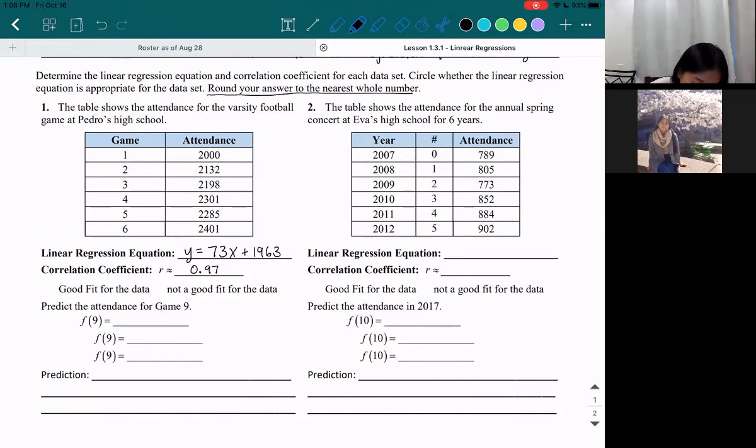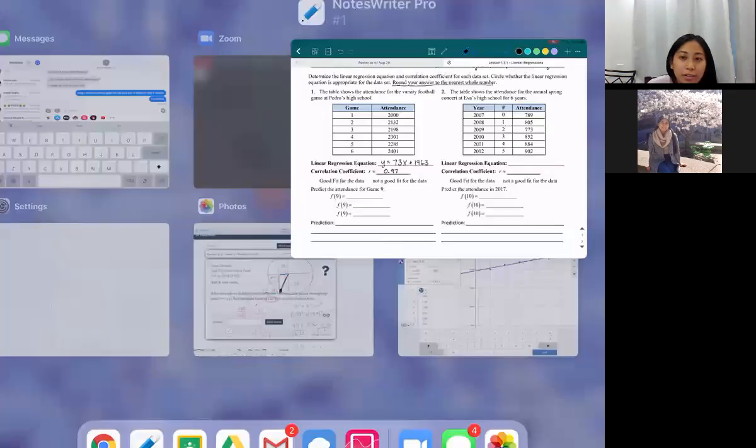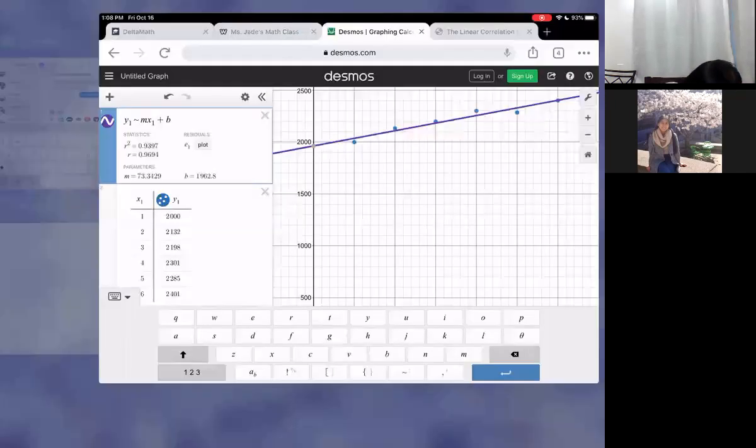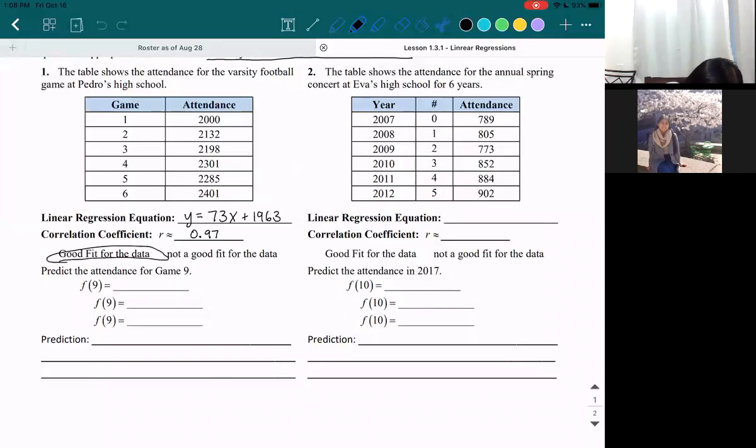You can also see in the picture, we can see our dots, and we can see that straight line, and our dots are pretty close to that straight line. So both the r value and our visual show us that this is a pretty good fit. So we're going to circle good fit for the data. I'm going to highlight that instead. There you go. Good fit for the data. It just looks better when I highlight it.